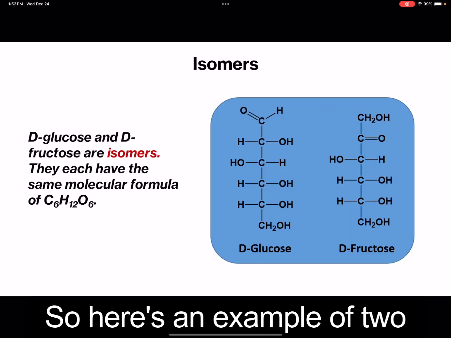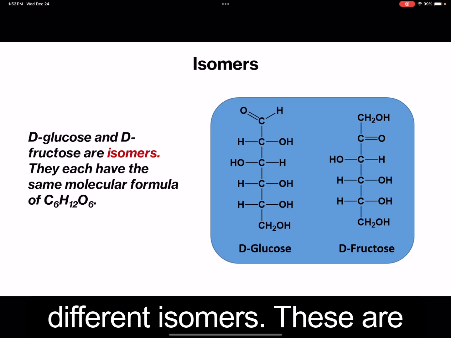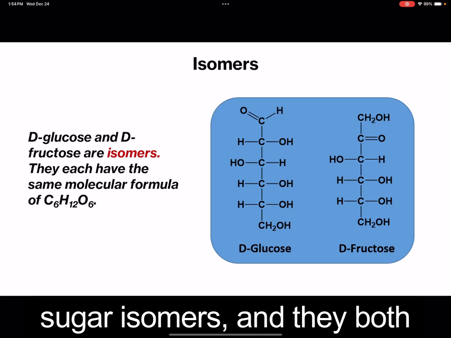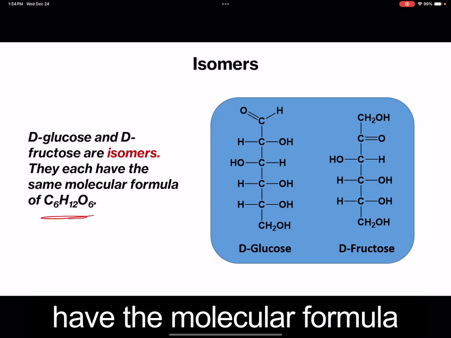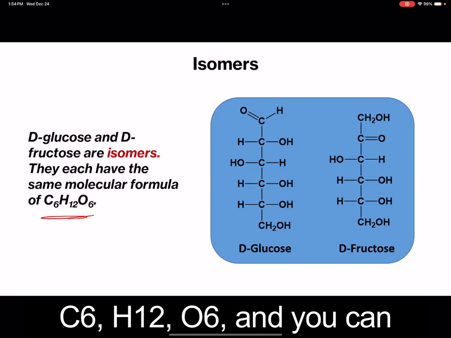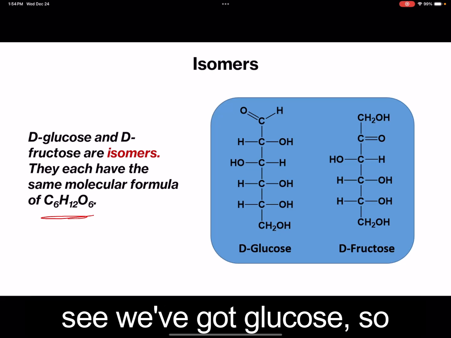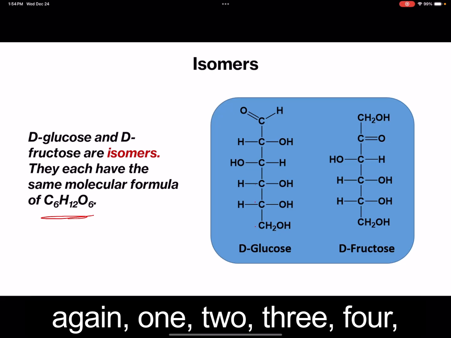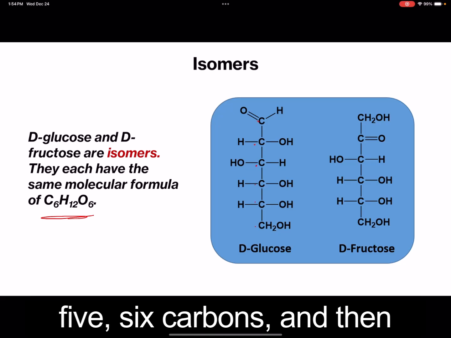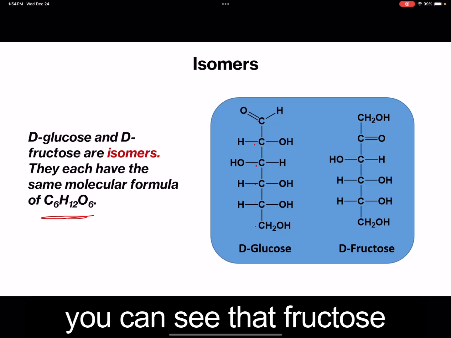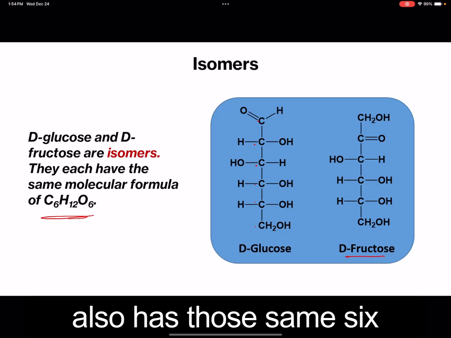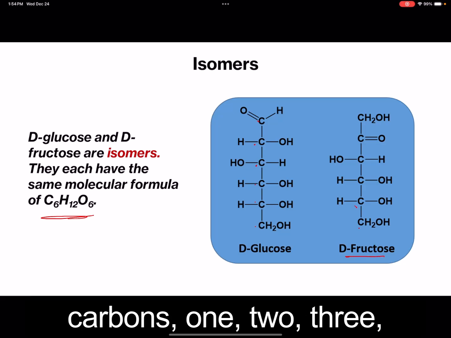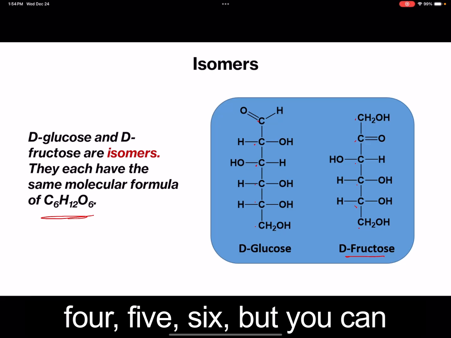So here's an example of two different isomers. These are sugar isomers, and they both have the molecular formula C6H12O6. And you can see we've got glucose. So again, 1, 2, 3, 4, 5, 6 carbons. And then you can see that fructose also has those same 6 carbons. 1, 2, 3, 4, 5, 6.